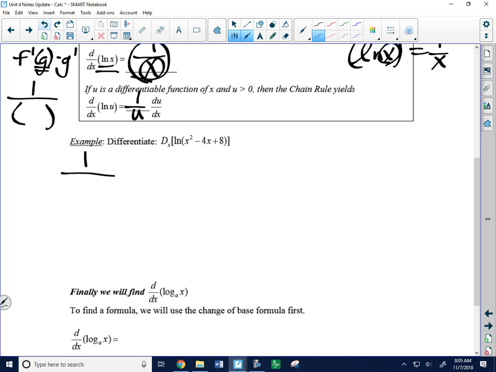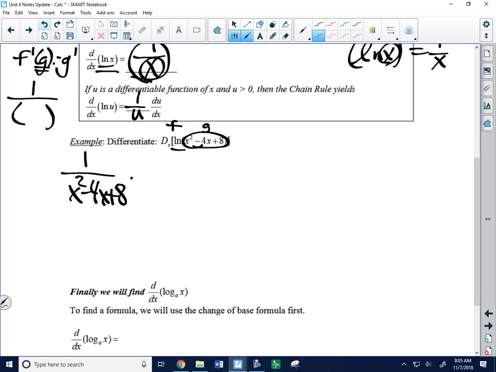This is where I'm going to do a chain rule. So derivative is 1 over something. I keep the g, the inside. And so that goes right here. So 1 over x, but now it's not x anymore. It's 1 over this, the g. That one is my f, this is my g. Times g prime.